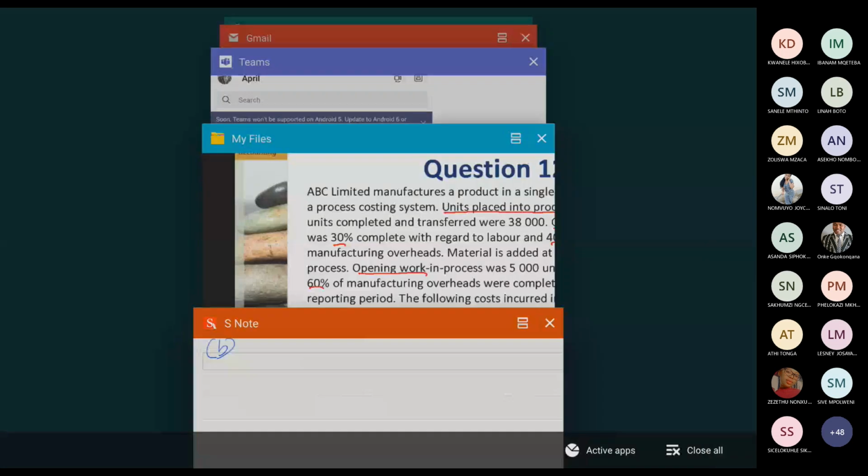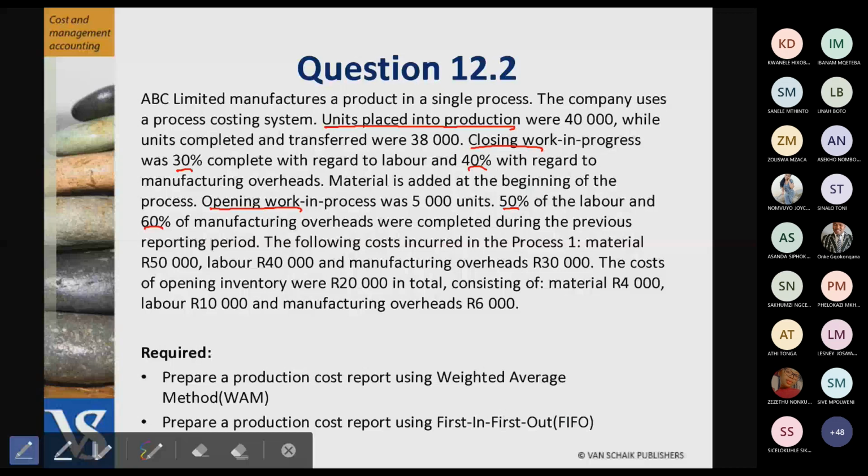If you remember the question, the second bullet point, because it was not B. It says prepare a production cost report using first in, first out method. So it means again using the very same information, but we just change now the reporting method. So we will see what's the difference between first in, first out and weighted average method.